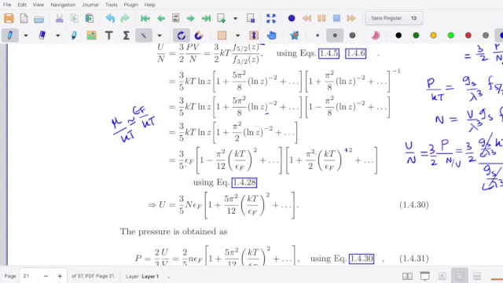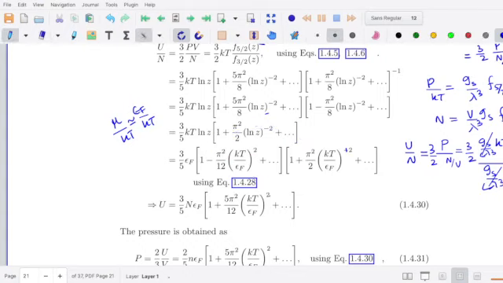Again this is obtained as, say you have u by n equal to this, so you multiply with n, so I will get u equal to 3n into this term, so that is 3 by 5 n epsilon f. Now take the product of the terms: 1 and 1 gives 1, then the next term is going to be of the order kT by epsilon f square, and it can come from two terms, so the product of this and that, and the product of this and that.